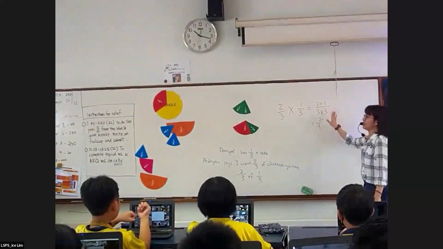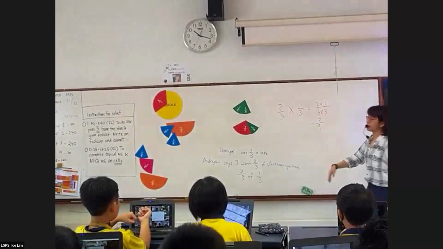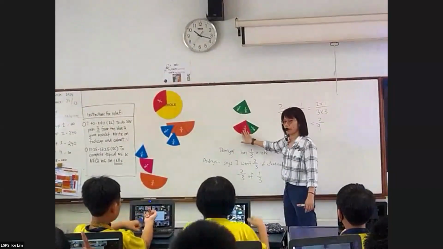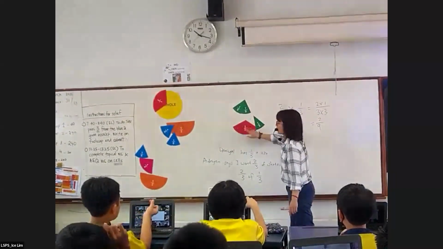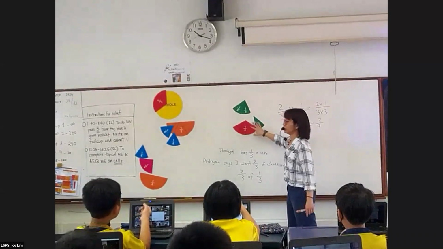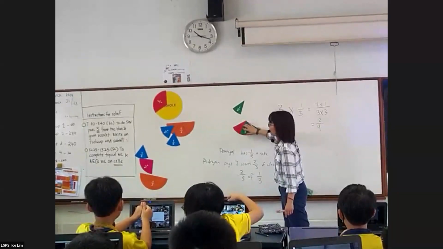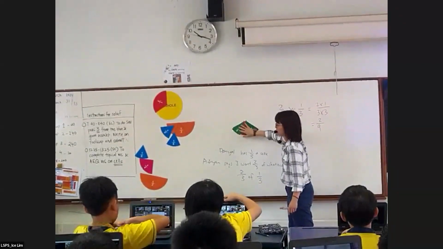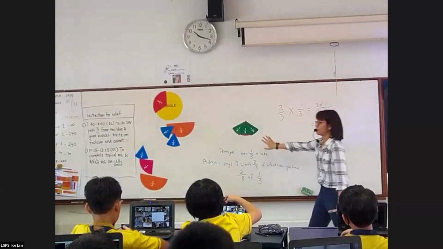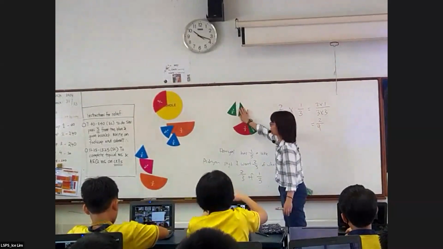Now, how did this actually make sense? It's actually how you explained it just now. I'm cutting this 1/3 into 3 parts. Okay, and for the 2/3 to happen, I'm taking 2 pieces.